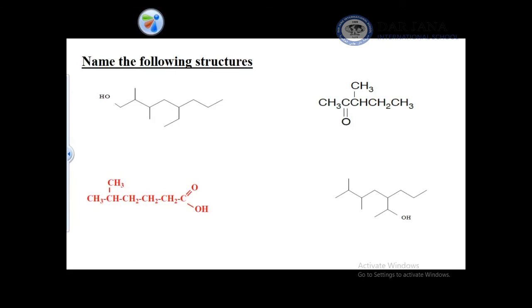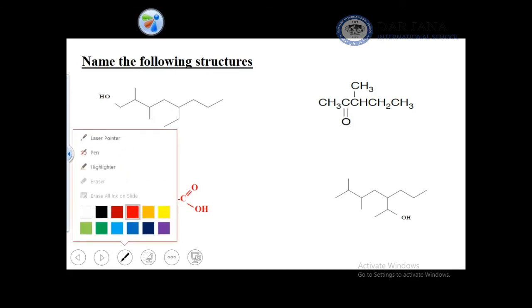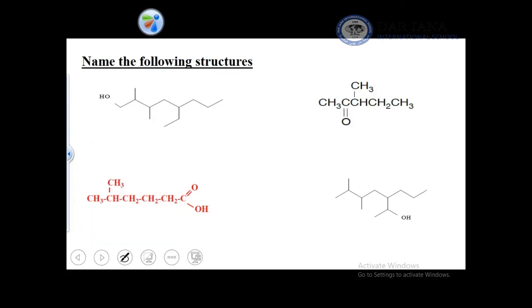For the first molecule, let's find the longest continuous chain of carbon atoms. Because we have the OH hydroxy group here, I will start from the carbon that holds the OH: 1, 2, 3, 4, 5, 6, 7, 8. So it will be octanol because it has an OH group and contains 8 carbon atoms.